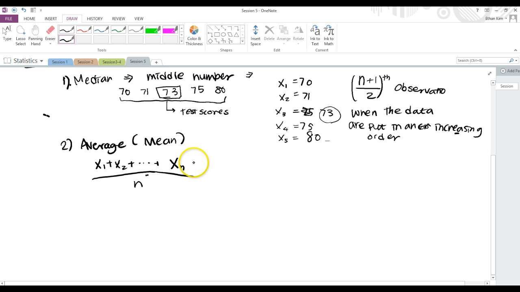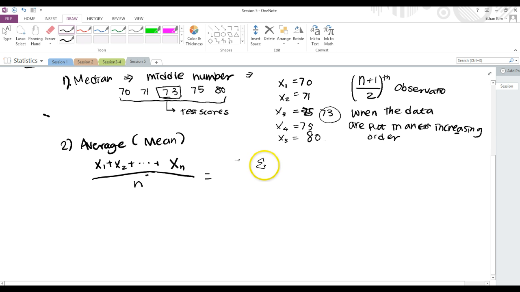I'm pretty sure you're familiar with this, but let me write it down in mathematical notation. Because in statistics we deal with a lot of data, we like to make it short and concise, so we don't want to write every single term down. So we just use sigma.